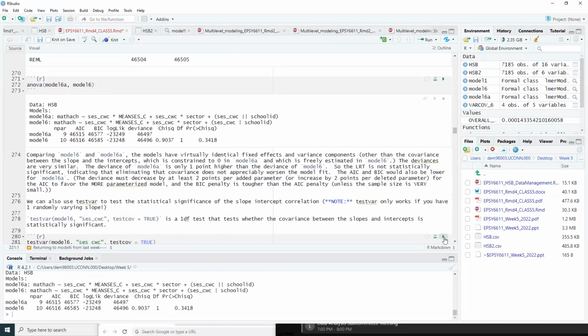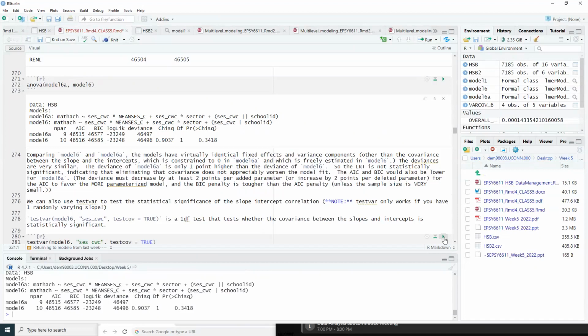And then we see the difference in the deviances between the two is actually 0.9. It doesn't show decimals here, but if it did, we would find that it's 0.9 with 1 degree of freedom. The p-value is 0.34, which is not statistically significant. So for all of those reasons, I'm going to favor model 6A, right? Does that make sense?